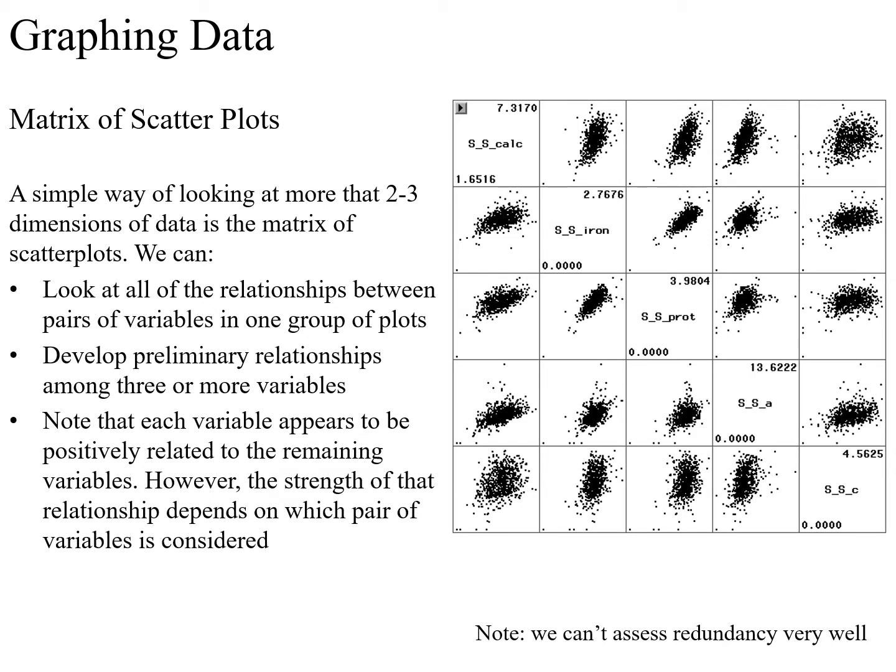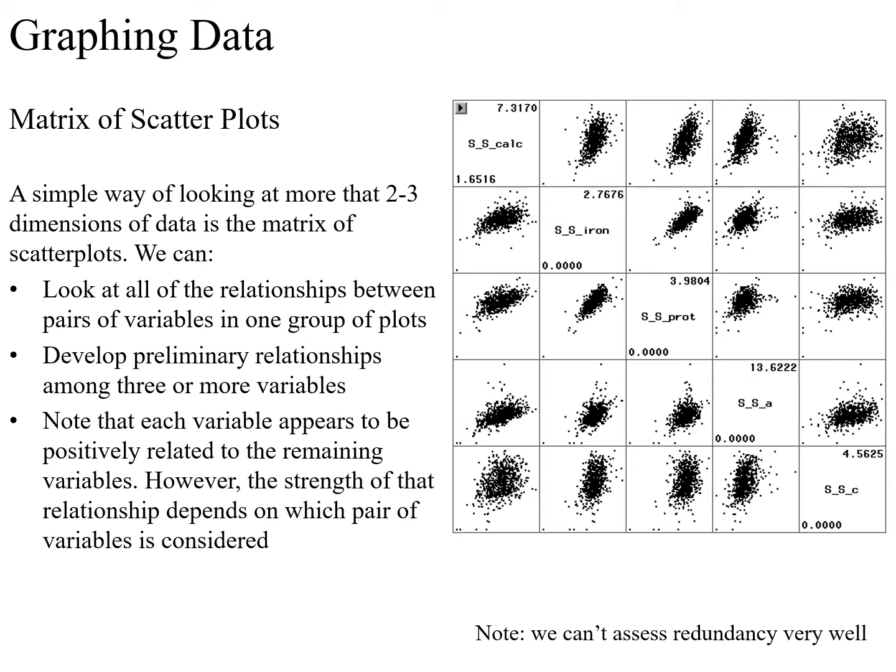So you've probably seen these matrices of scatter plots before, and they're very good for allowing us to look at pairs of variables, and maybe in some cases we can actually develop some preliminary relationships among three or more variables, particularly if we have three variables that are all highly correlated with each other. Then we might be able to look at an image like this and say, okay, these three variables are all highly correlated with each other.